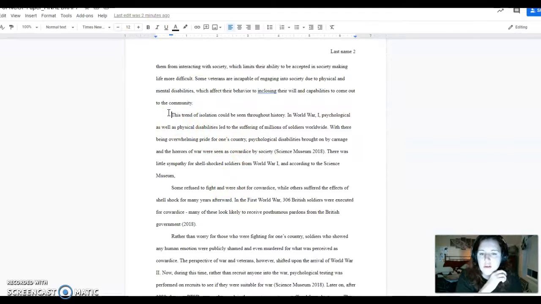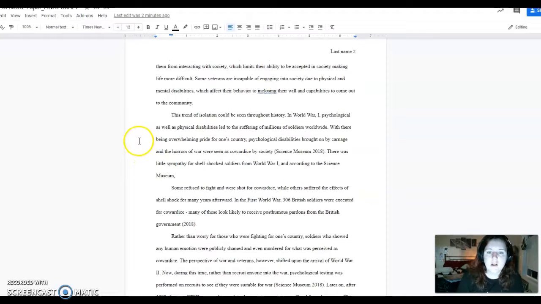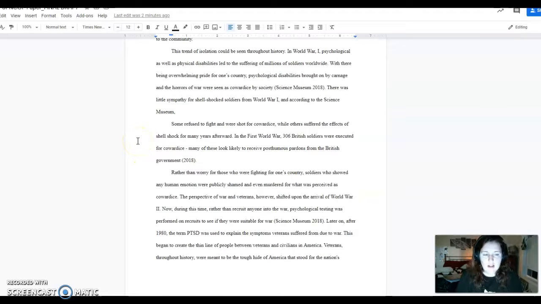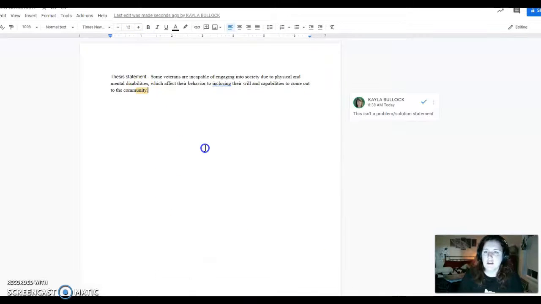All right, so here it looks like we're starting the history section. So we need to make sure that we're making claims in each of these history paragraphs. The topic sentence here is: the trend of isolation can be seen throughout history.